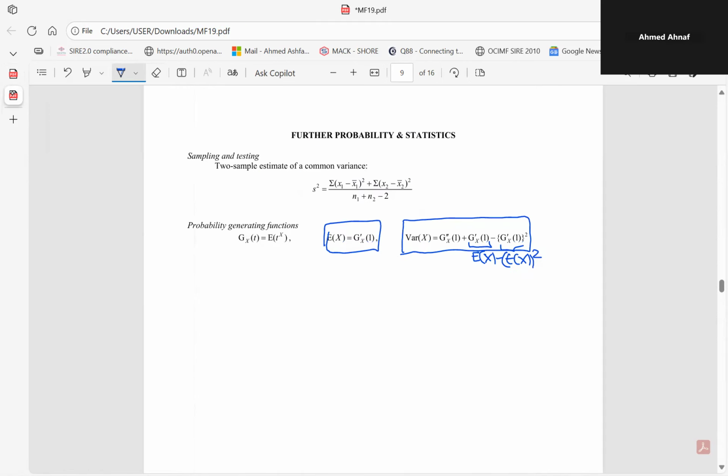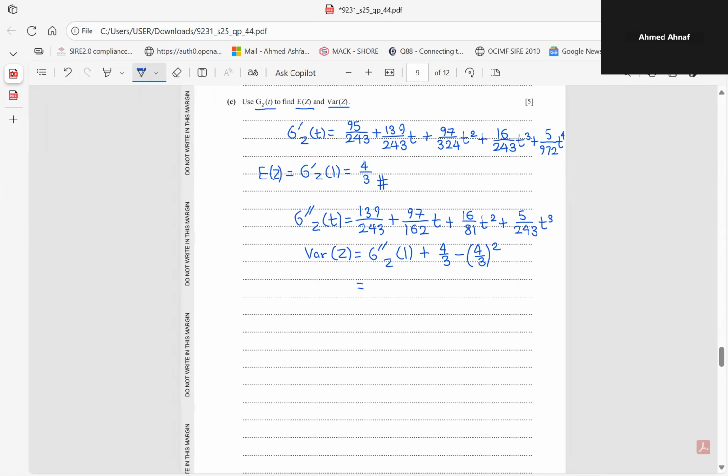So just substitute in, just type into a calculator: 139 over 243 plus 97 over 162 plus 16 over 81 plus 5 over 243 would get 25 over 18, plus 4 over 3 minus 4 over 3 squared. You would get 17 over 18.